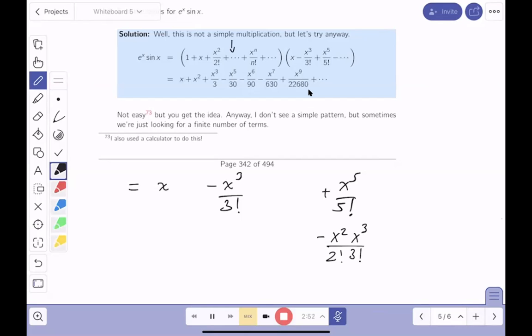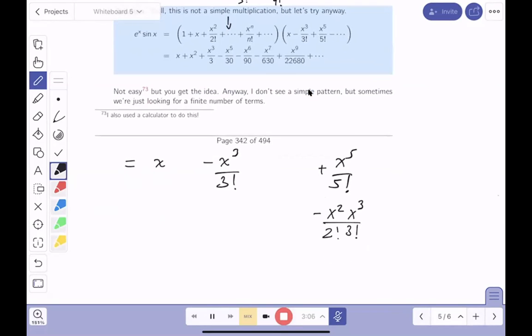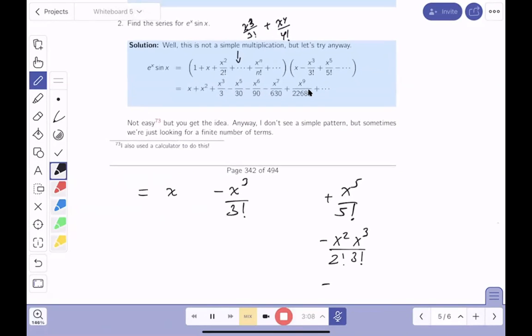So there's a guy over here. This would be x cubed over 3 factorial. And then you'd have plus x4 over 4 factorial. And I see it. I see what I'm missing. I'm missing that x4 times x over 4 factorial. That's what I was missing.